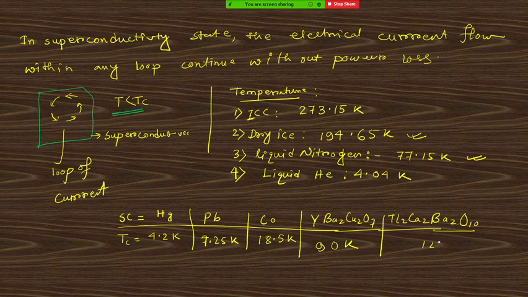This was 125 Kelvin. I want to give another example, that is H2S, hydrogen sulfide, at very high pressure. The Tc, the critical temperature, below this temperature the material is a superconductor, and the state is called superconductivity.